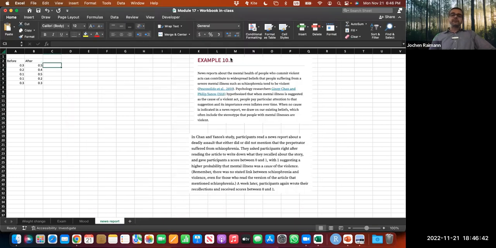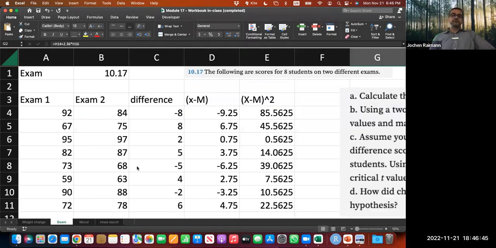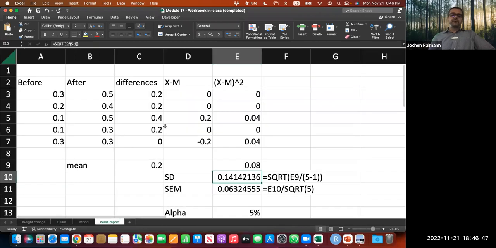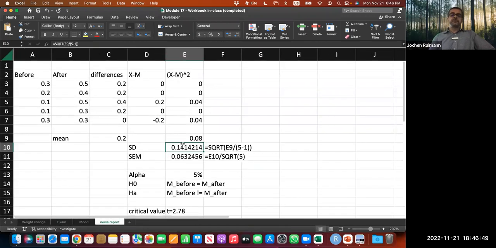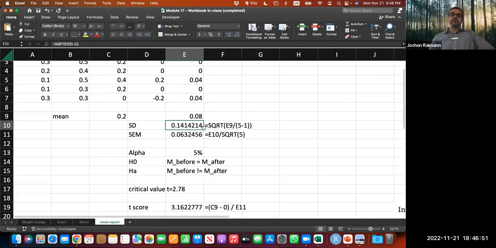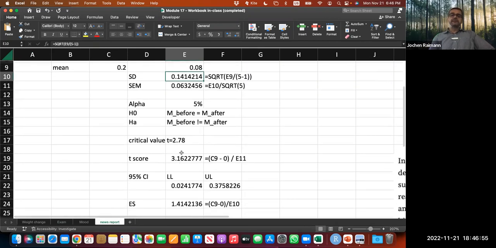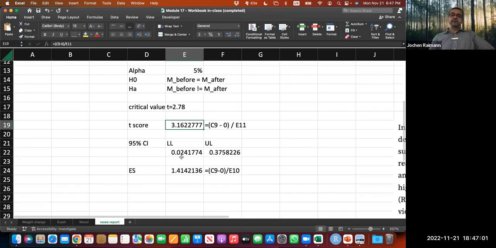So in the calculation of this example, we saw a standard error of the mean of 0.14, and a standard error of the mean of 0.06. And when testing the null hypothesis and alternative hypothesis, we have significantly rejected the null hypothesis, and we calculated the confidence interval, which here, as opposed to the one we calculated, does not include the 0.